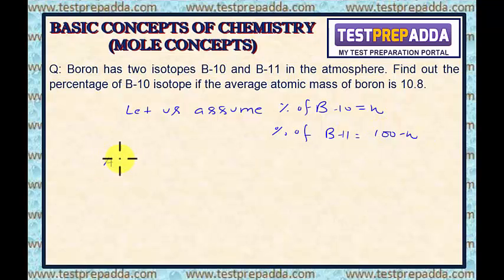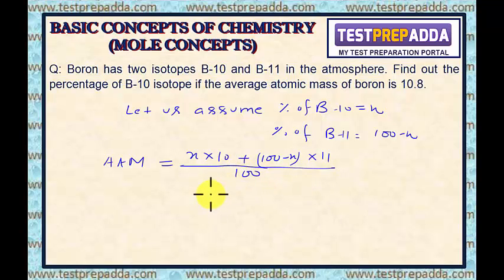Now I will use the formula of average atomic mass, that is the percentage of B10 into 10 plus percentage of B11 into 11, upon 100, and this value is given as 10.8.